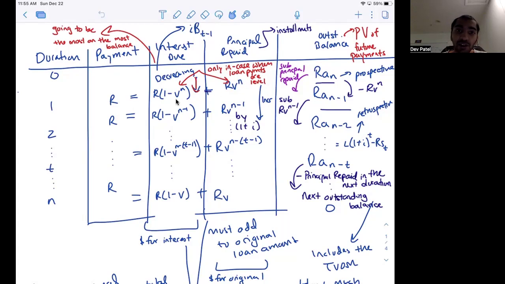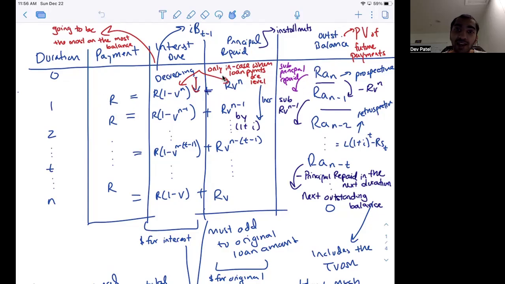And another type of question could be that the payment is actually 50% higher, or 150% of the interest due. In that case, interest due is X, payment is 1.5X, and then principal paid is half of the interest due. And with that, you can create a relationship between the outstanding balances.